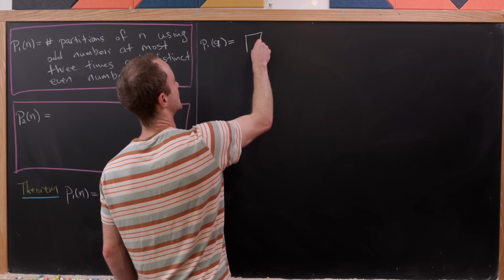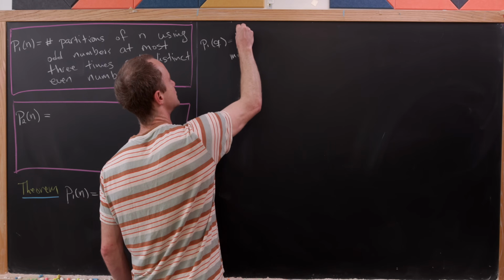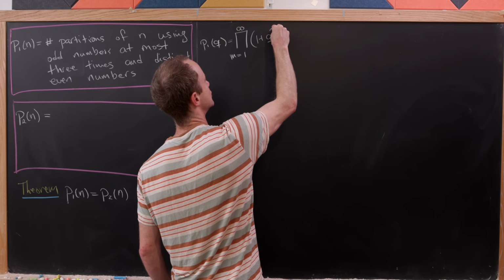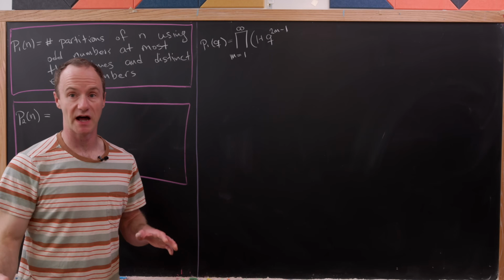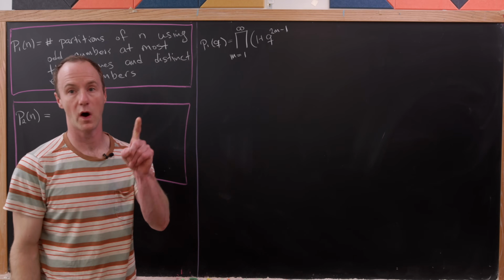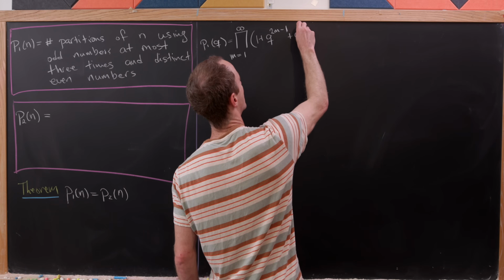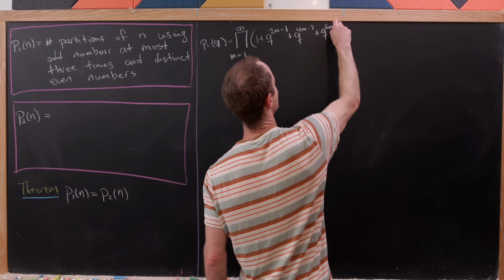So this is going to be the product as m goes from 1 to infinity of 1 plus q to the 2m minus 1. So that term corresponds to using the odd number 2m minus 1 one time, and then plus q to the 4m minus 2 plus q to the 6m minus 3.